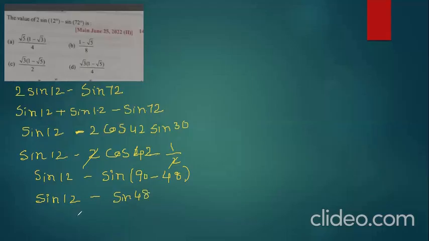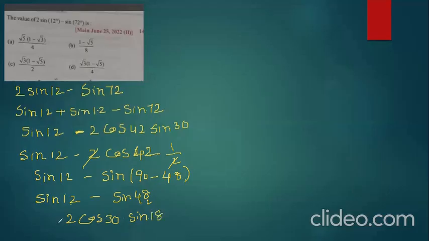So sine A minus sine B is 2 cos of 12 plus 48, that is 60, 60 by 2 means 30. Similarly, sine of 12 minus 48 over 2, that is 36 by 2, which is sine 18.